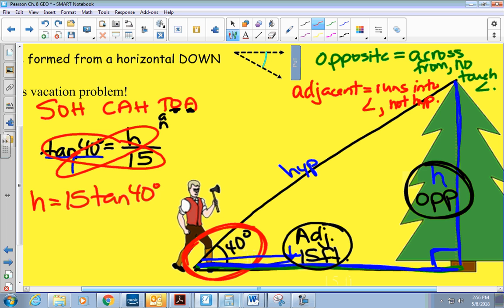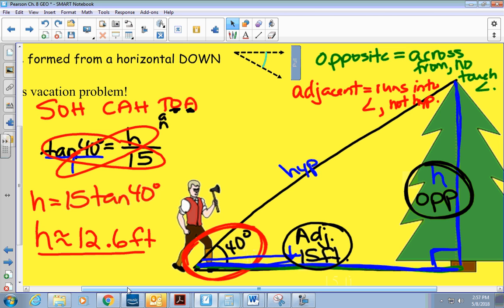What did I do wrong? You do 15 times the tan of 40? Oh, I think I did it wrong. Yeah, you're right. Never mind. I did the tan of 40 times 15.